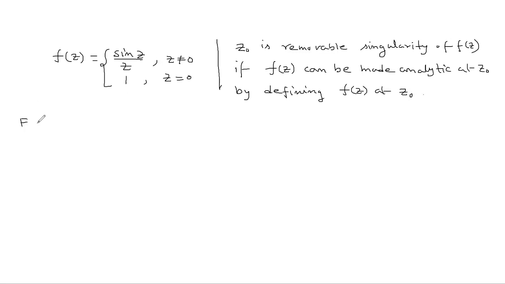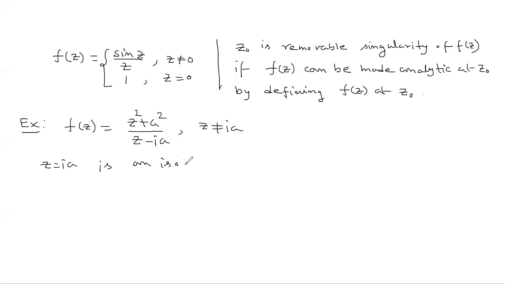Next, let us take f(z) equal to (z square plus a square) by (z minus ia) for z not equal to ia. So here we can see z equal to ia is an isolated singularity of the function f(z).